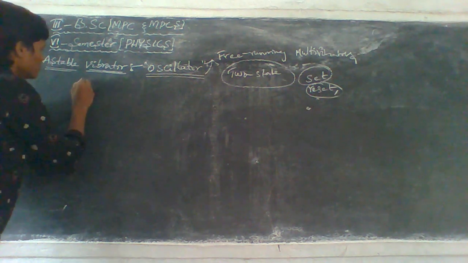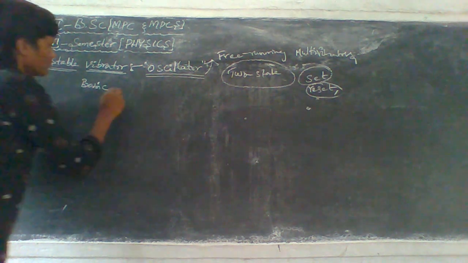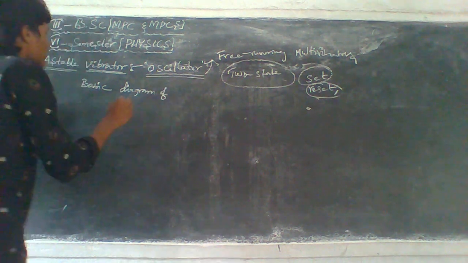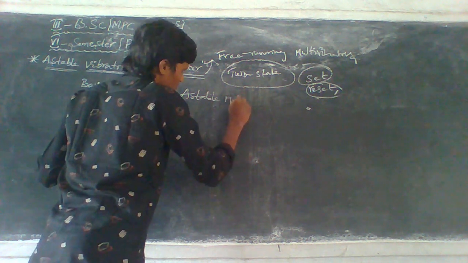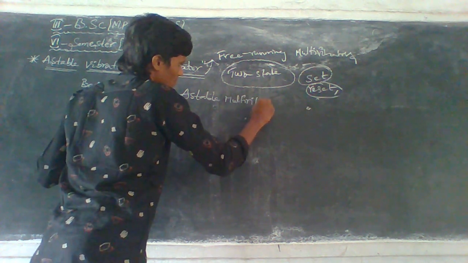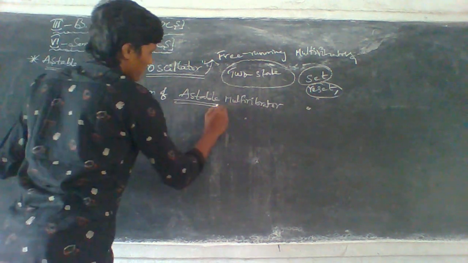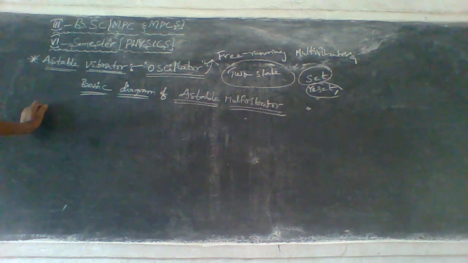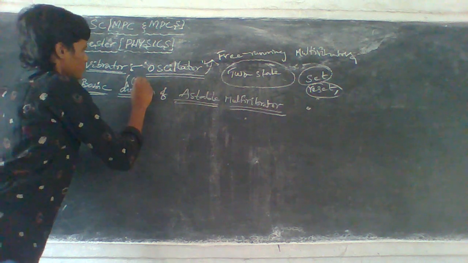So the basic diagram of an astable multivibrator is the basic circuit.